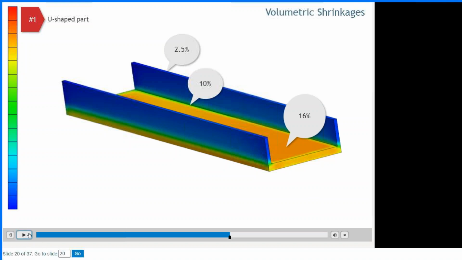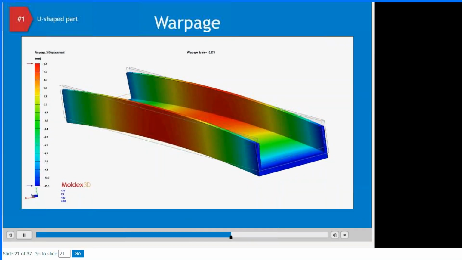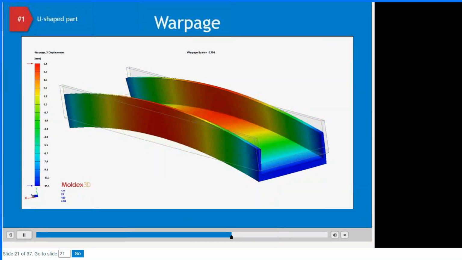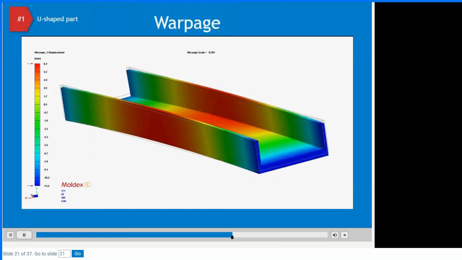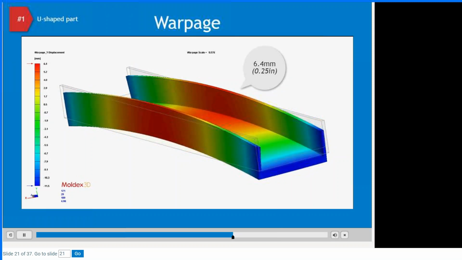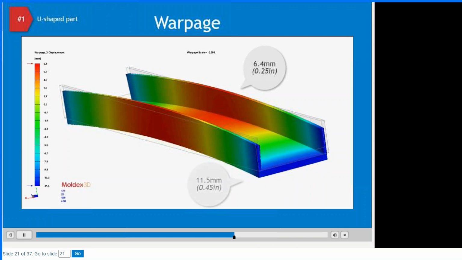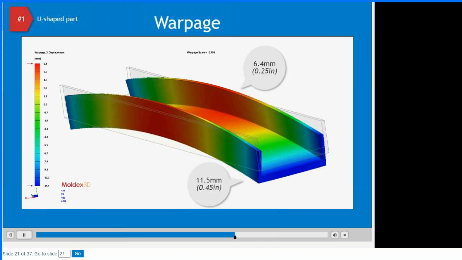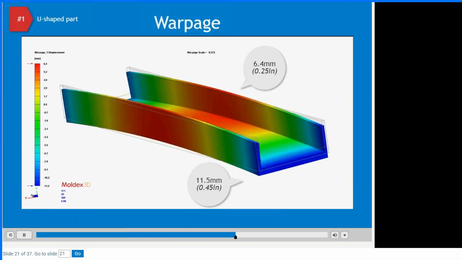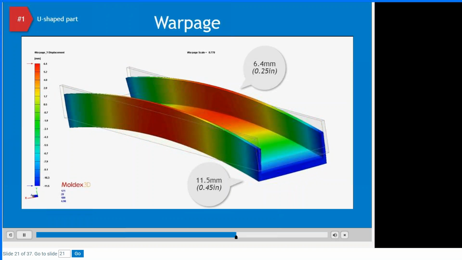Now let's see what happens to the part. Looking at the resulting warpage animation, you can see that the part bends significantly. The central portion moves up by 6.4 millimeters, and the ends move in the opposite direction by 11.5 millimeters. This is a dramatic example of part warpage, resulting from uneven volumetric shrinkages.